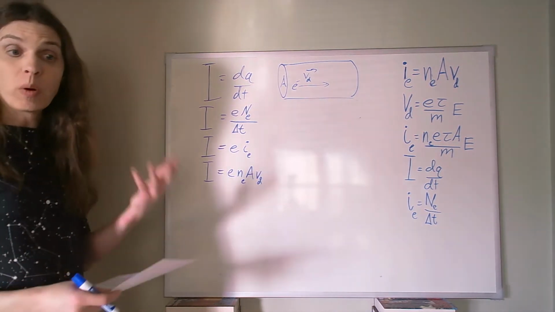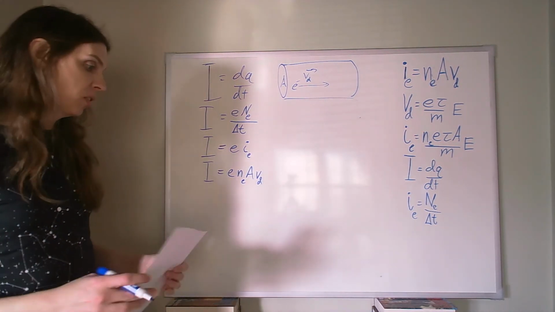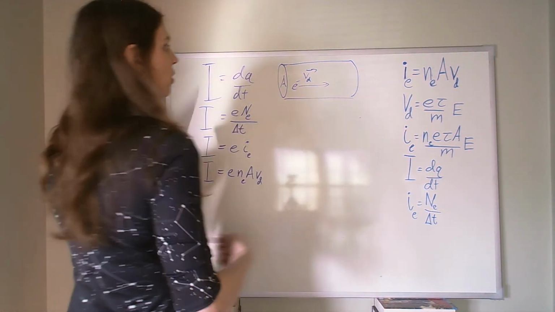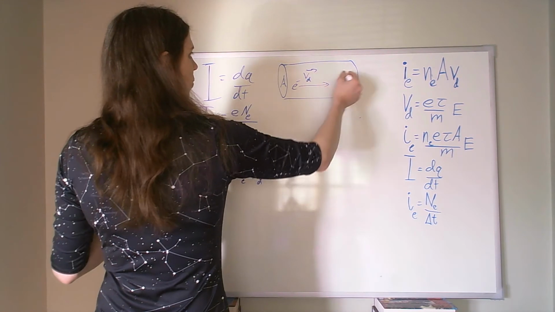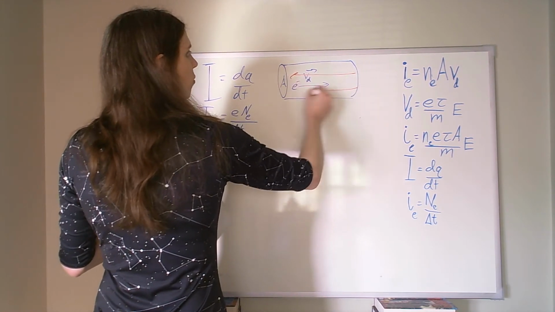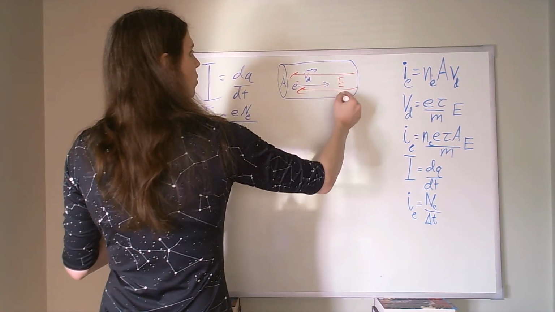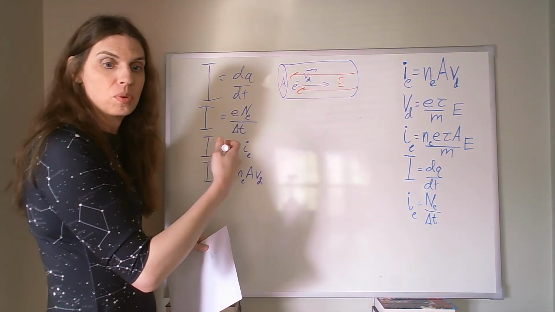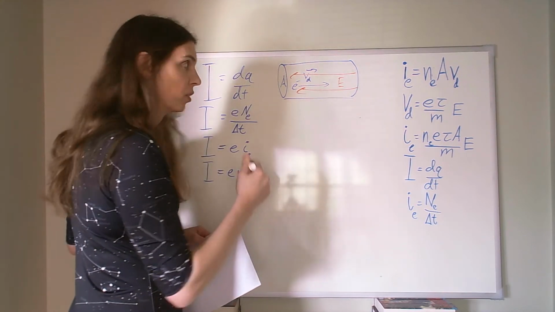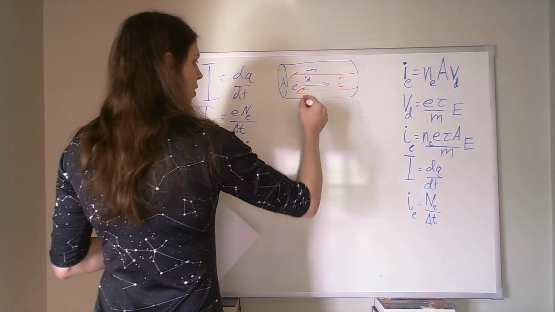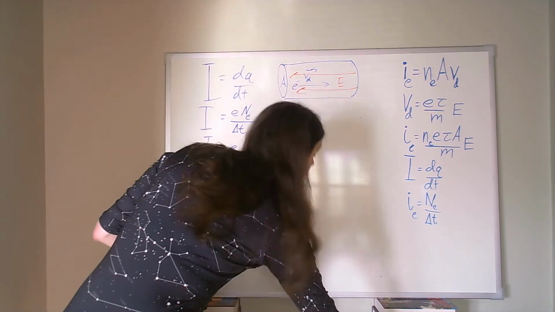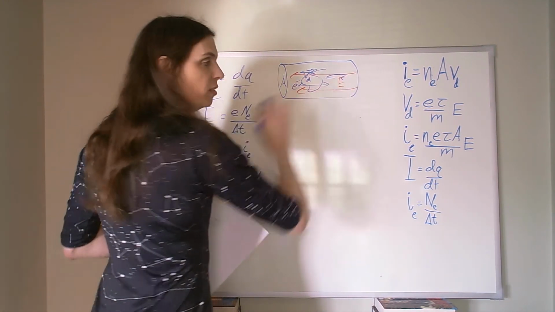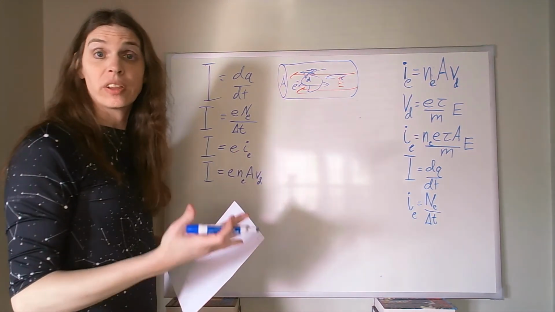And then we want to express that in terms of the electric field, because we recall that in all of this, we have some kind of electric field going through our conductor, and the electrons themselves are bouncing around and have this net motion in the direction of the electric field.